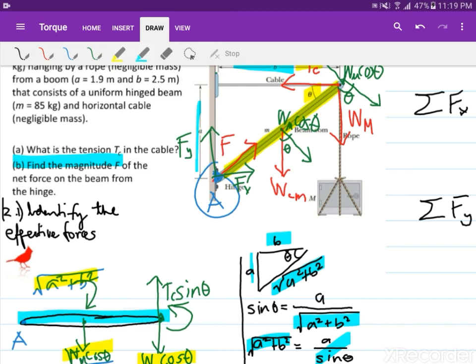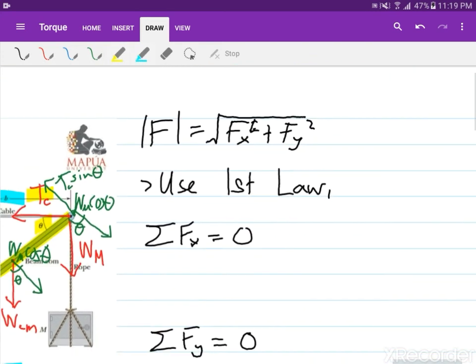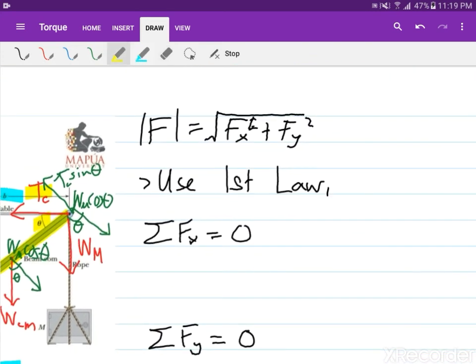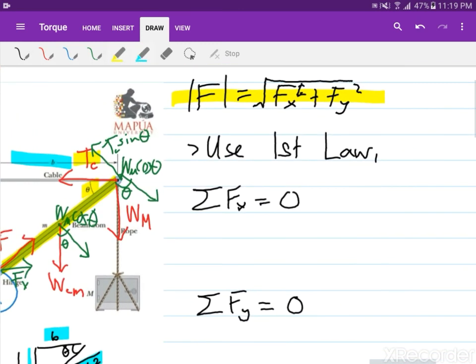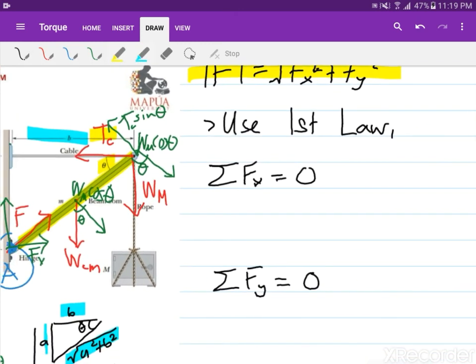To solve for the magnitude of F, we use the magnitude of the vector resolution. So using Newton's first law, we first solve for the summation of forces on X. This should be the net force.